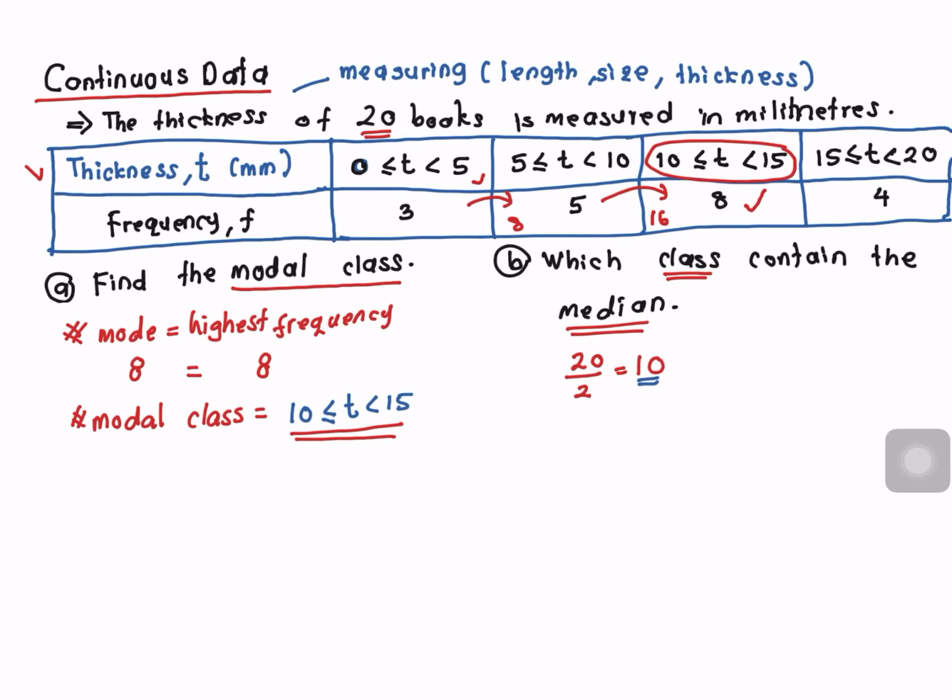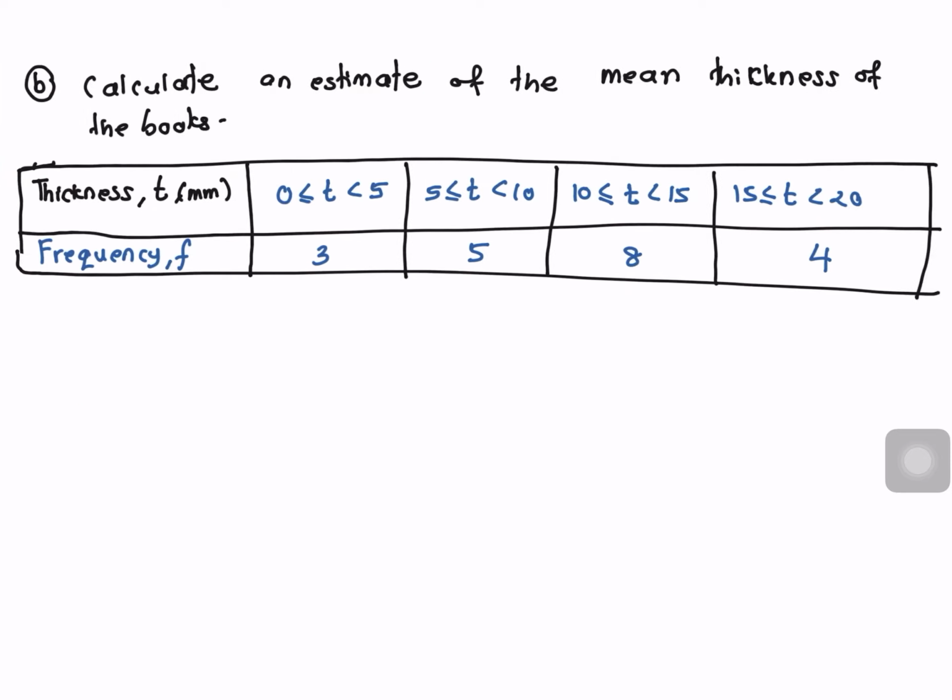So the median is 10, but then the class containing the median is equal to 10 to 15. Okay, get it? Alright, okay, next question.